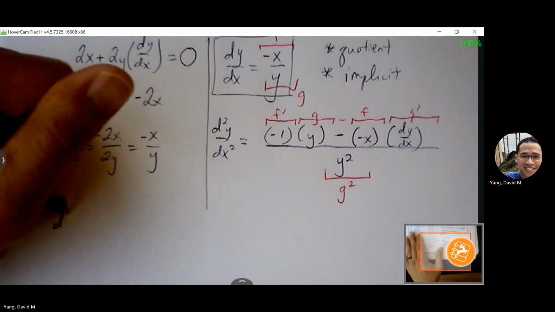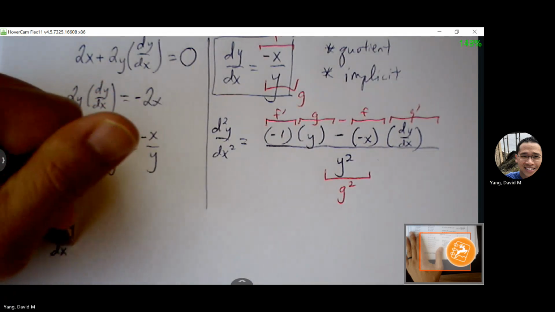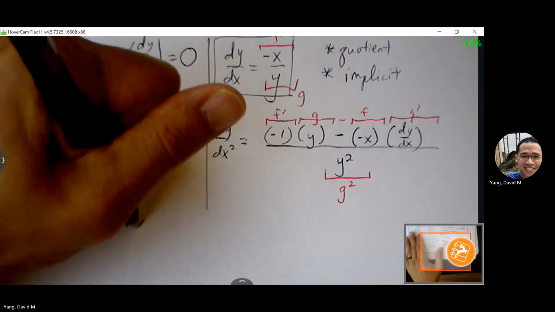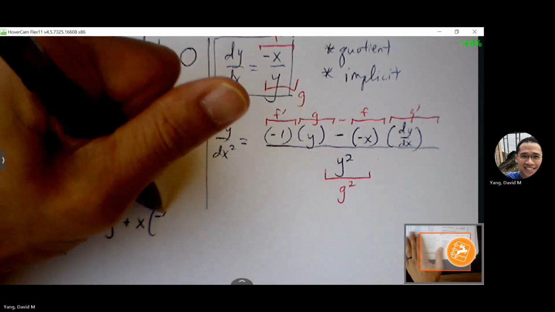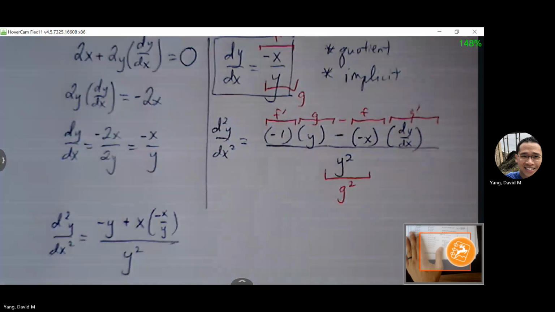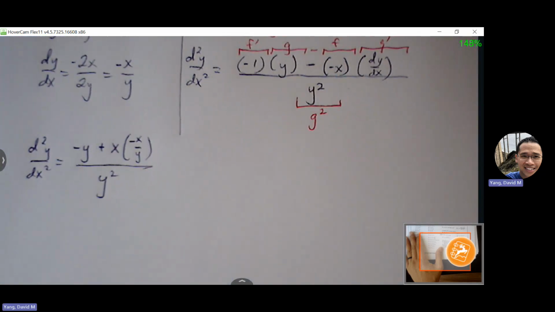Everybody good so far still? All right, I want us to see if we can get this cleaned up even further. There's a complex fraction in the numerator.